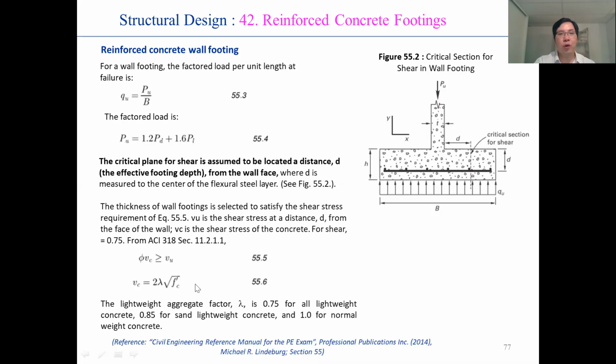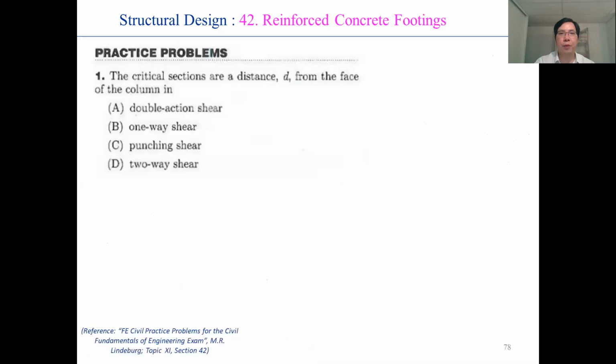Otherwise, I show you the equation for the shear design. So here is the figure showing the critical section for shear in one footing. So when you have more time, you can take your time for the detail.